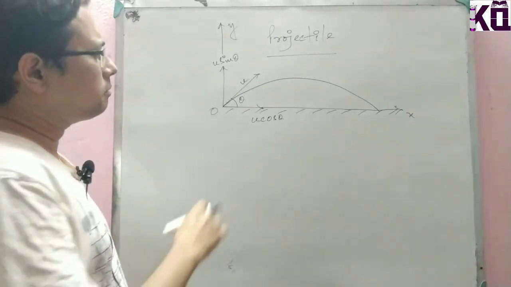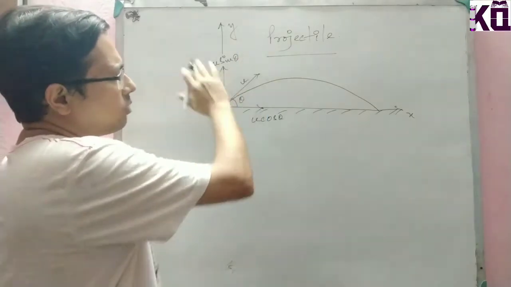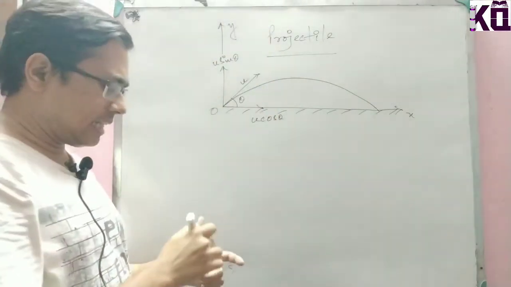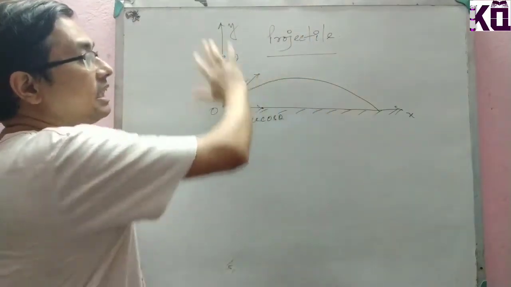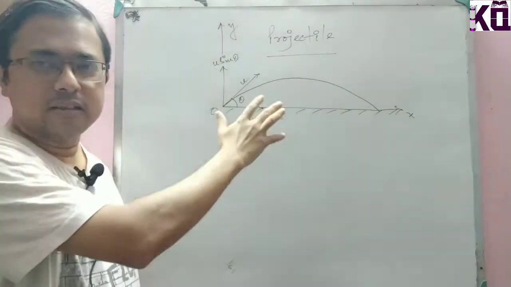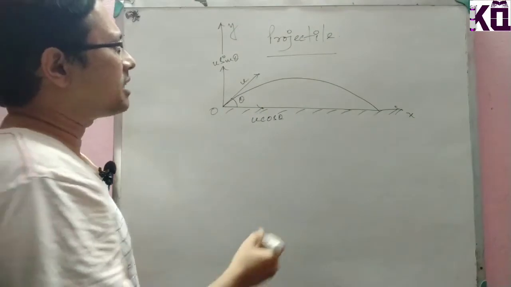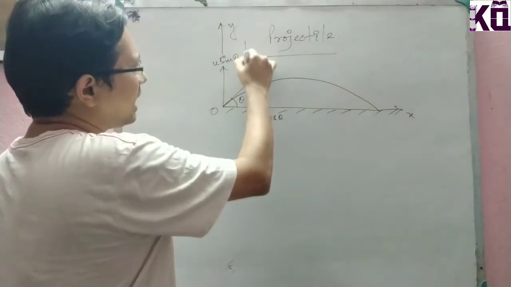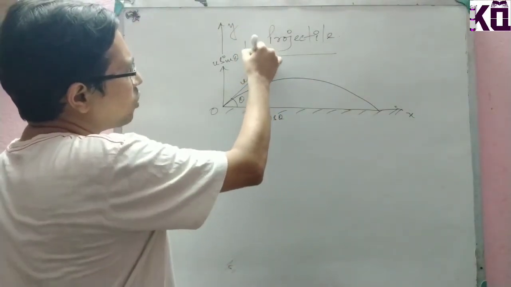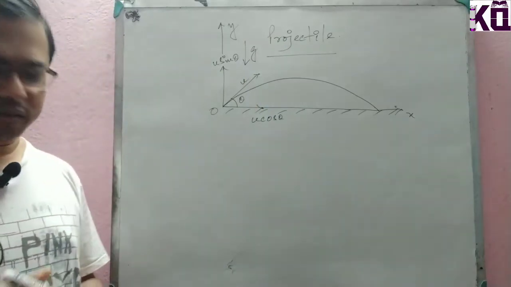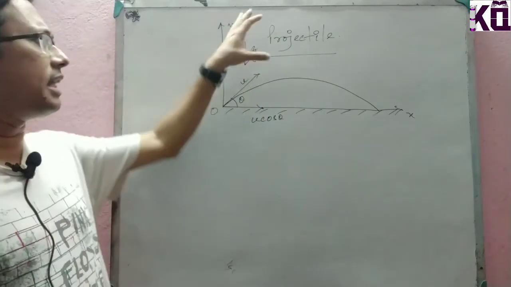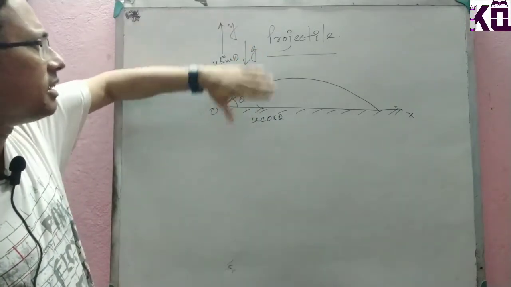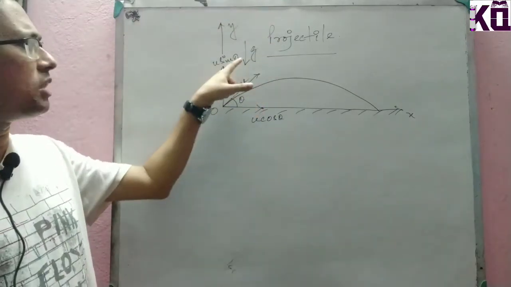Okay, now in y direction means what? Y direction means this is the movement of the body in air. This is air, so there is gravitational acceleration only in y direction, and this is in the downward direction. As we know, the gravitational acceleration is acting in the downward direction, so there is the g.